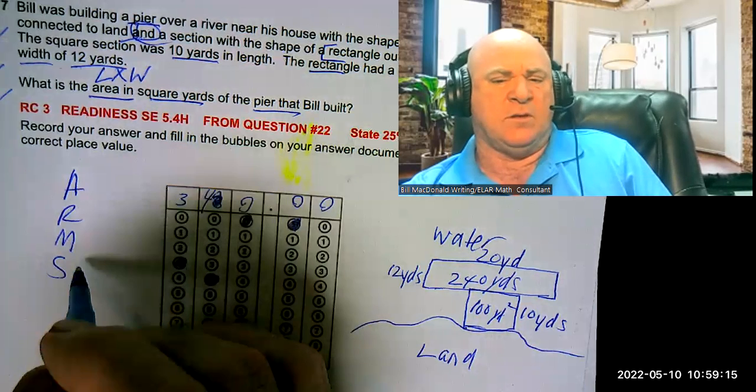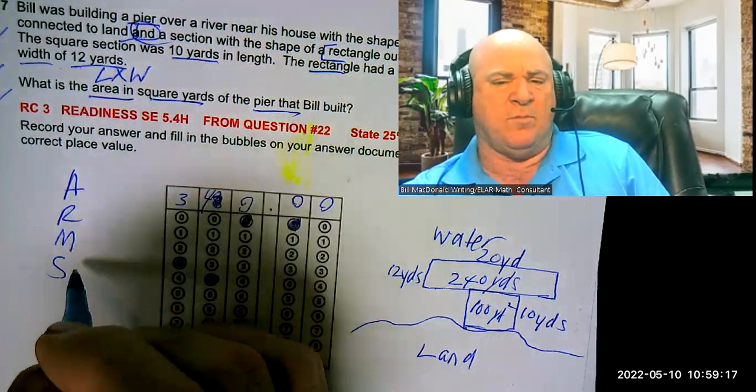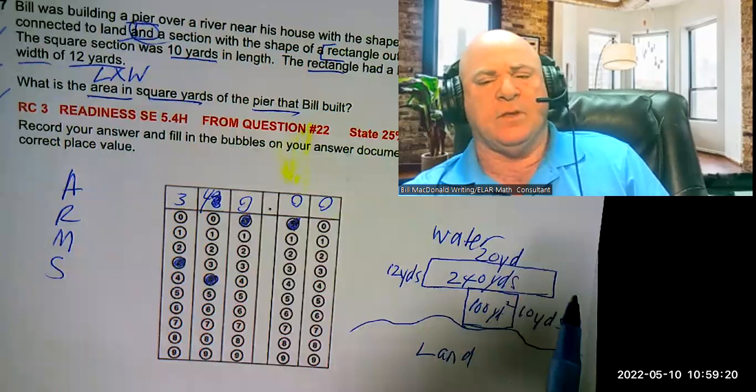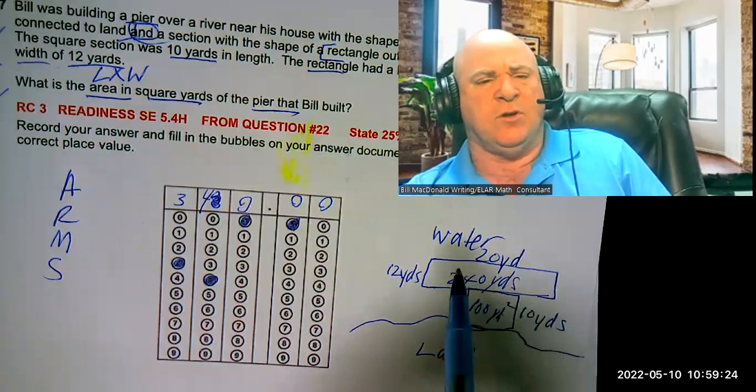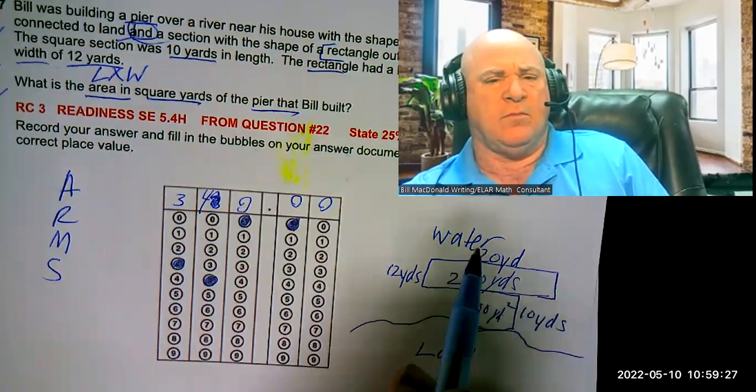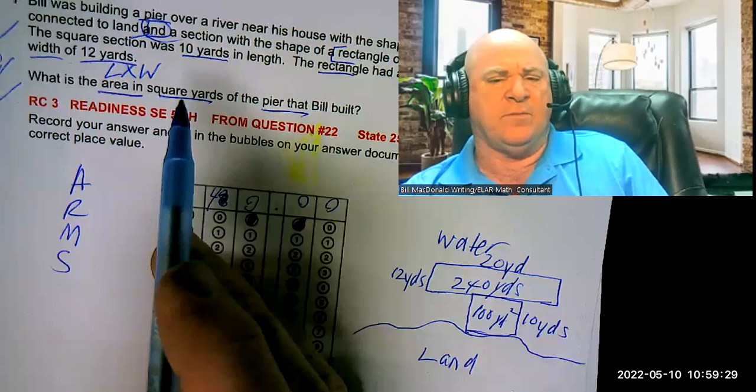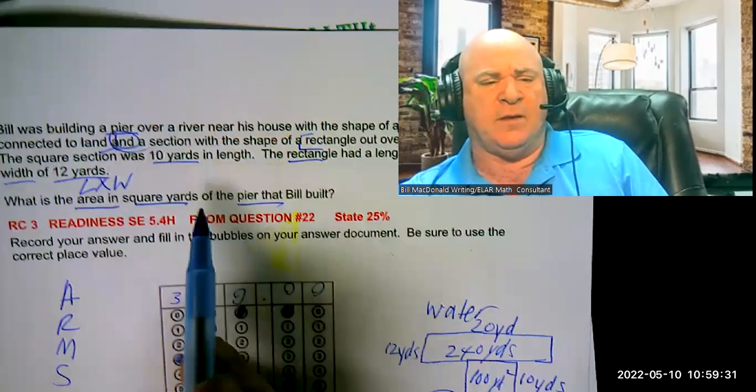So since we're trying to see what the pier looked like, drawing a picture of it would have helped those kids of yours who struggle with reading the entire puzzle. Let's just handle one puzzle piece at a time.